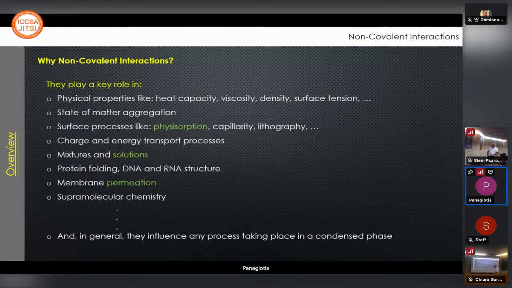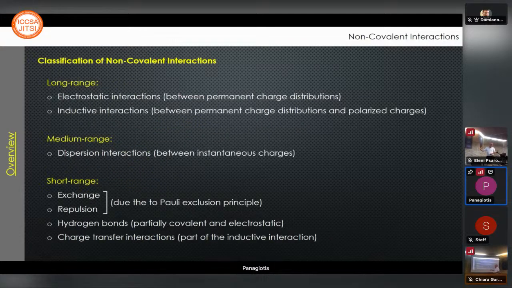Okay. So the most general classification of non-covalent interactions is done in terms of their range of action. We have long-range interactions, where we include electrostatic and inductive, so they vanish only at large interatomic distances. Medium-range interactions, where we include only dispersion, and short-range interactions, where we find exchange and repulsion interactions, which both conform what we call Pauli repulsion.